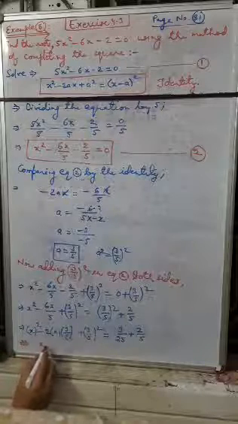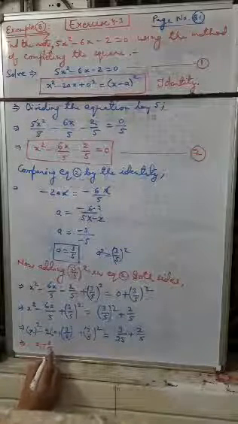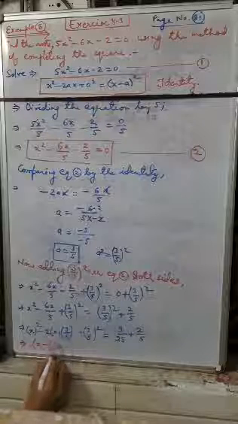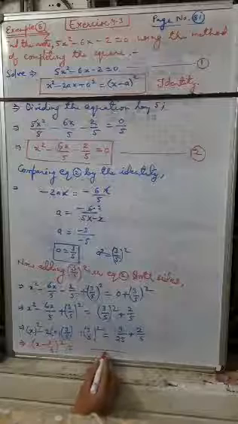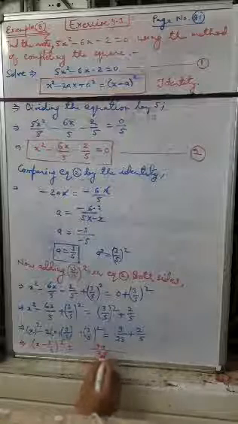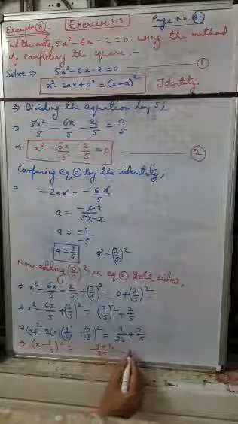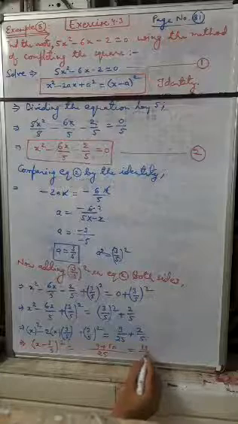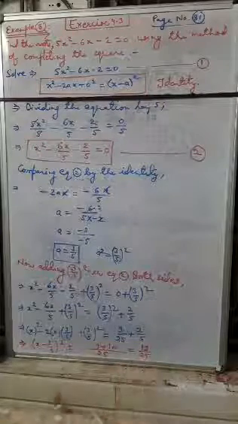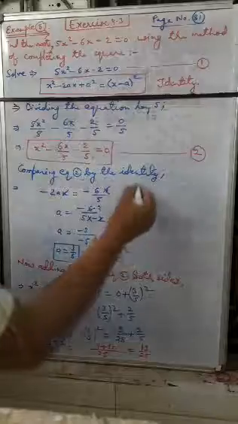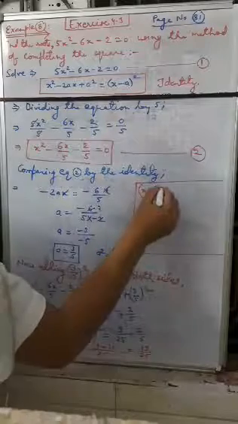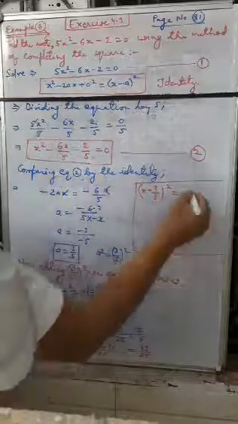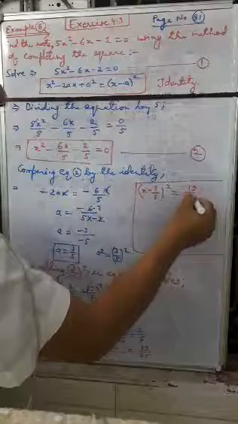So we can write x minus 3 by 5 whole square is equal to, taking LCM, right hand side is 25, 9 plus 5, 5 is 25, 5 2s are 10. So that will become 19 by 25. So now we are having the equation x minus 3 by 5 whole square is equal to 19 by 25.